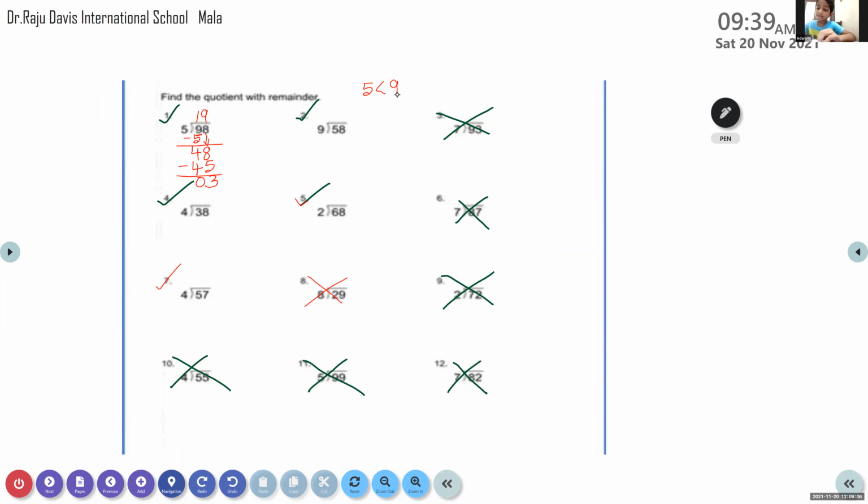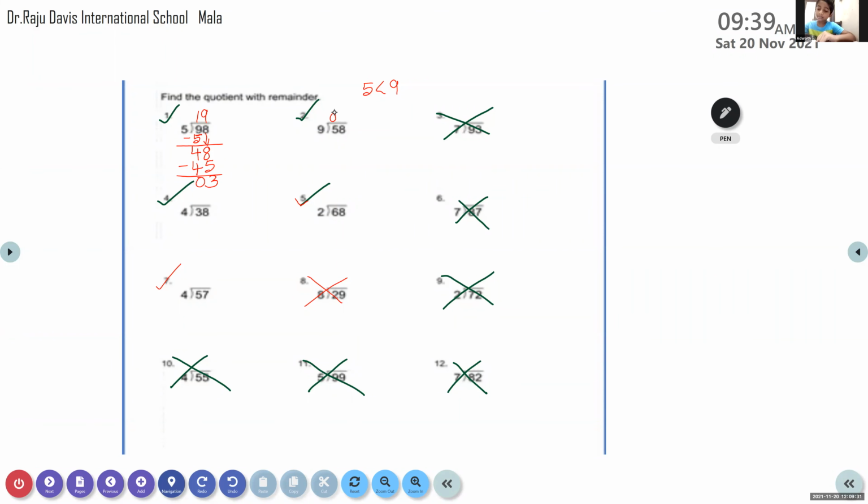Quotient. 0. Yes. Why are you taking this much time, my dear? Say fast. You know how to do it, right? You have to put a 0 on 5, then you have to take two numbers together. Yes. Now next step, whether 58 is there in the table of 9 or not.